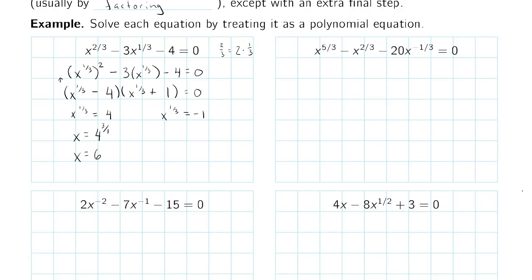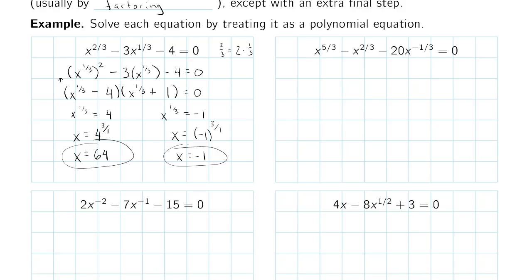So x equals 64 is one of my solutions. I can say x equals negative 1 to the power 3 over 1. So x equals negative 1 is my other solution. x equals 64, x equals negative 1 are my two solutions. And you can confirm that these really work by plugging those in on the calculator.